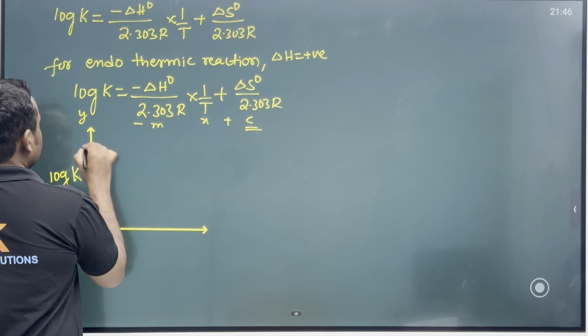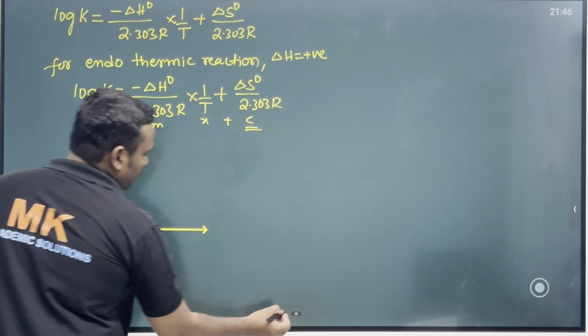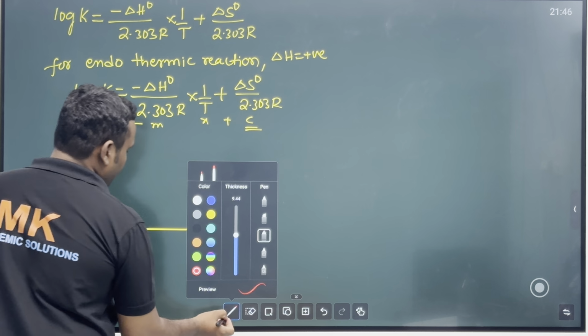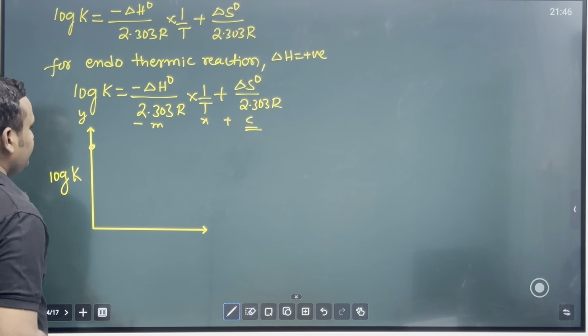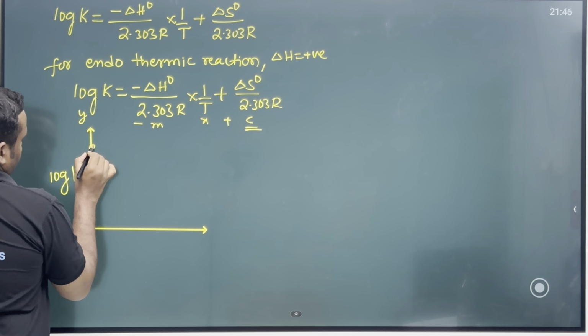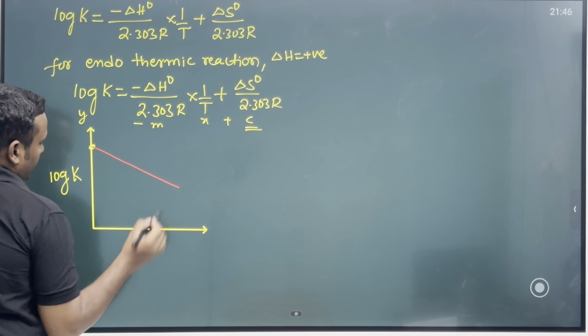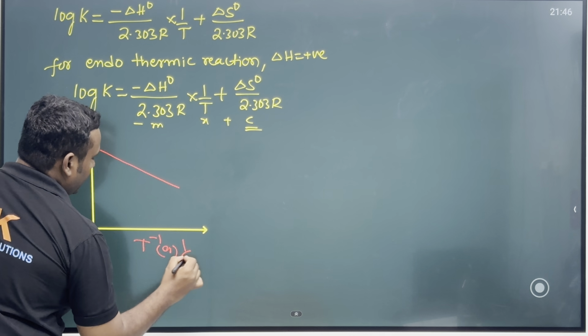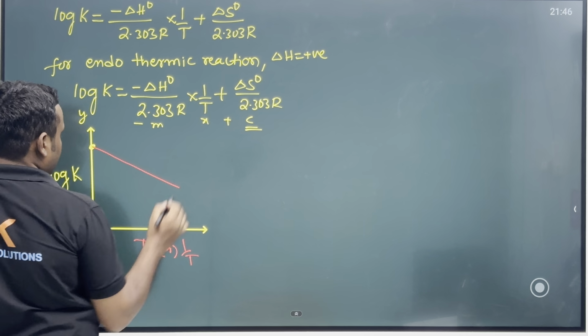How will we get the graph? The slope has a negative value, so it is a constant decrease. We take the temperature inverse, 1 by T, on the x axis.